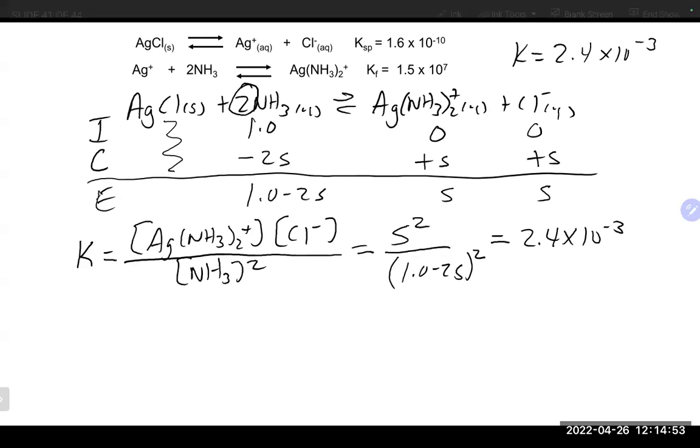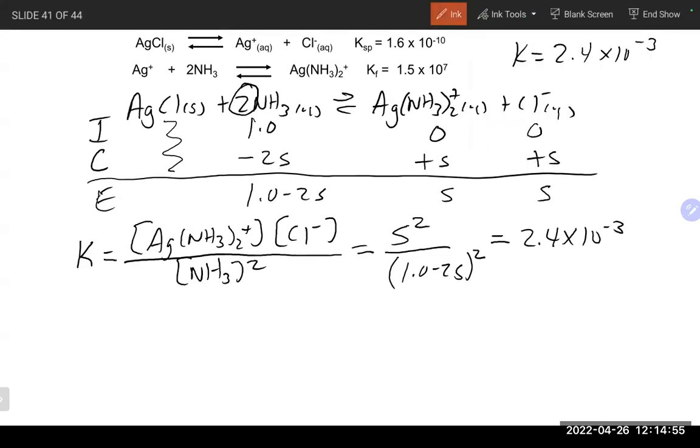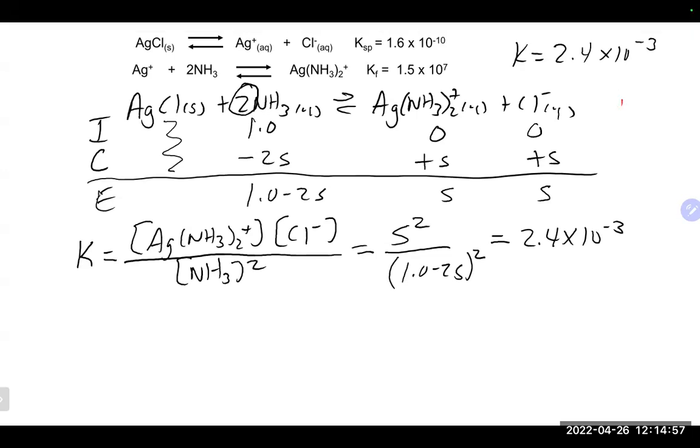So we're going to solve for s here, and to solve for s, it is a perfect square on both sides. So we could do a nice square root action there on both sides. When I do that on the left-hand side, it leaves me an s up on top, a 1.0 minus 2s on the bottom. And the thing I always forget to do, which is actually take the square root there of the other side.